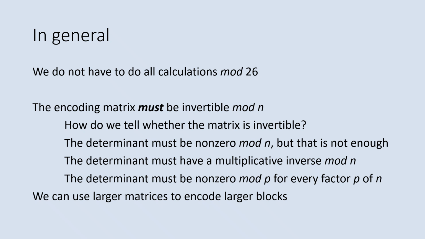The larger the block, the more work there is in the calculation, in determining the inverse of the matrix, and so on. But we're able to encode and decode so long as the matrix that we select has an inverse mod the n that we choose. Again, n is separate from the block size. The block size is determined by how big our matrix is. The n is in terms of how many characters we are encoding.